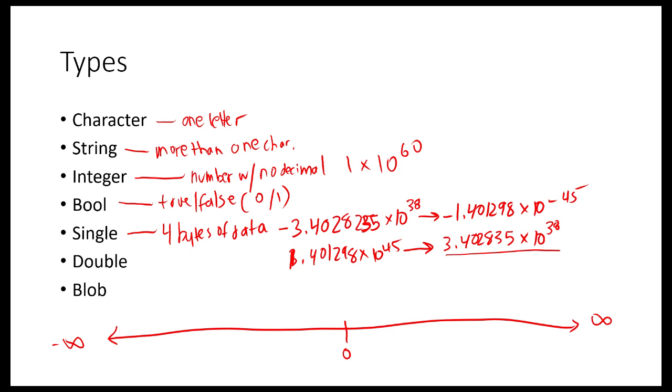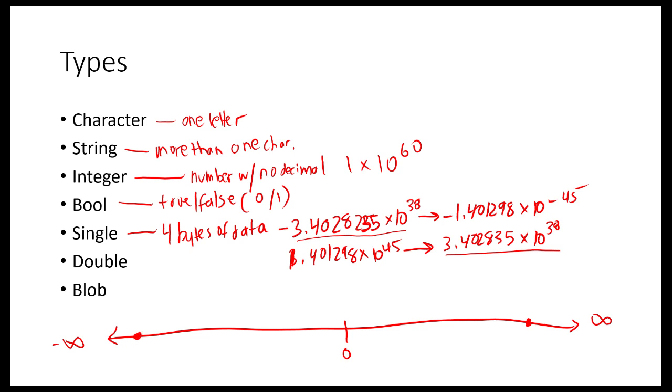You know, it's a huge number. And if we take this number, it's a negative 3 with like 38 zeros behind it. So it's a humongous negative number.